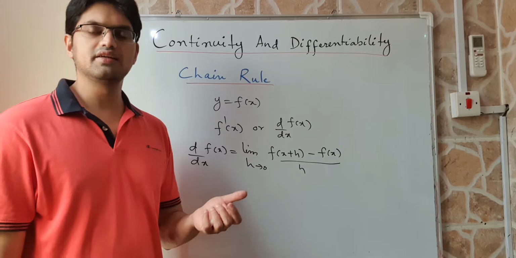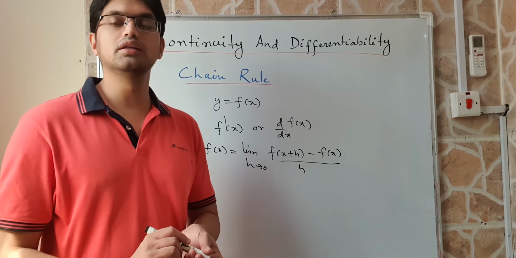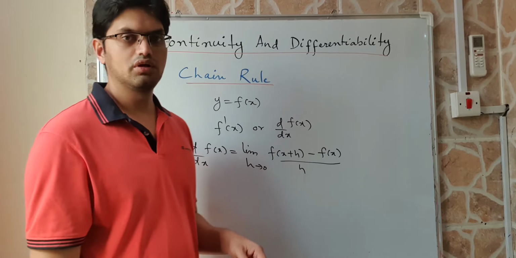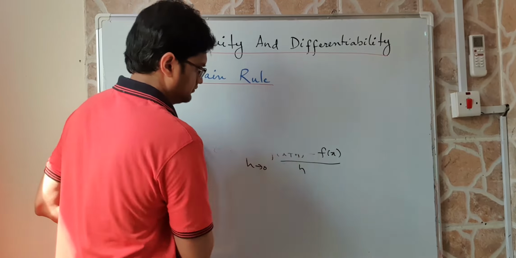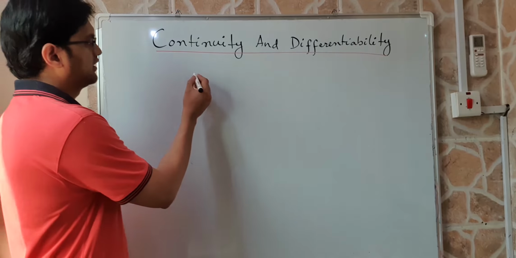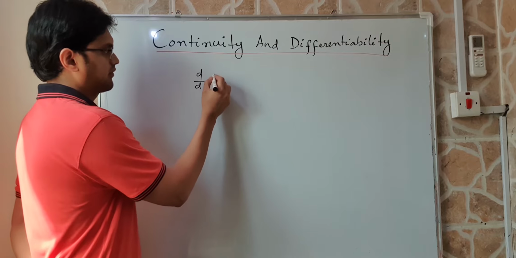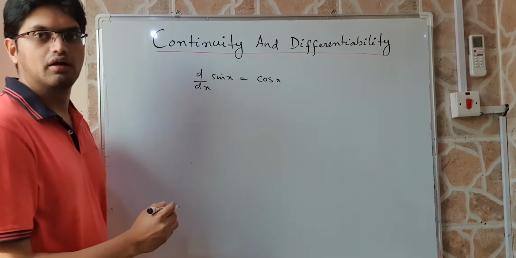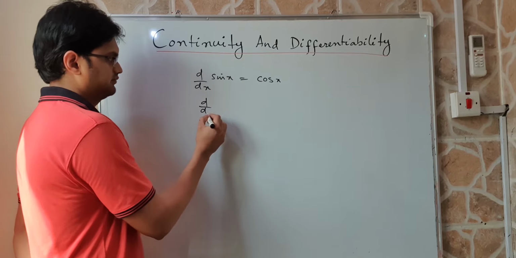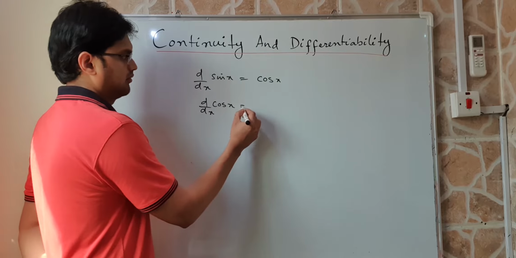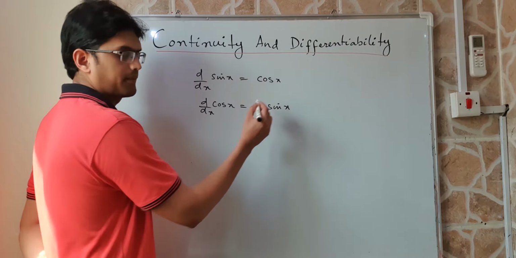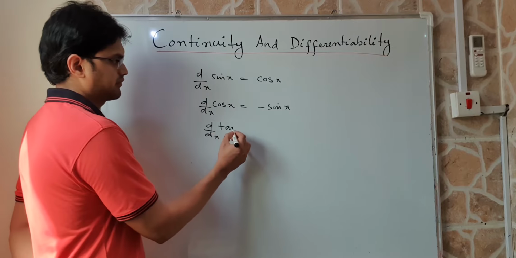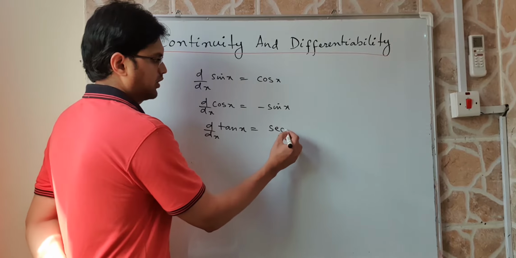So in class 11, you have already learned the derivatives of some basic functions, which I will list now. You must know the derivative of sin x, which is cos x. Derivative of cos x is minus sin x. Derivative of tan x is secant square x.